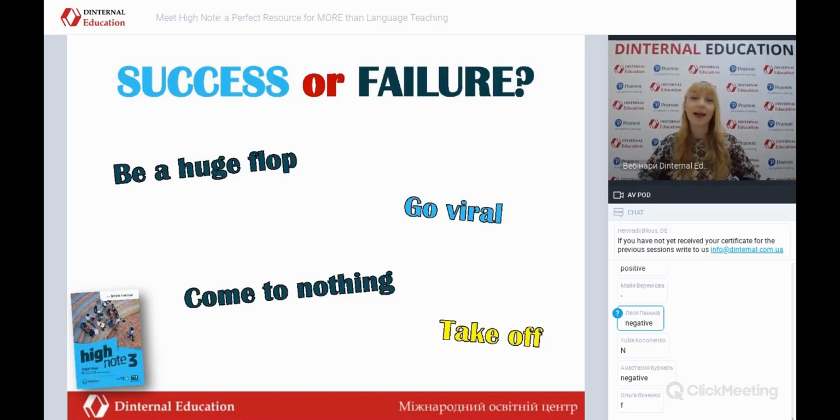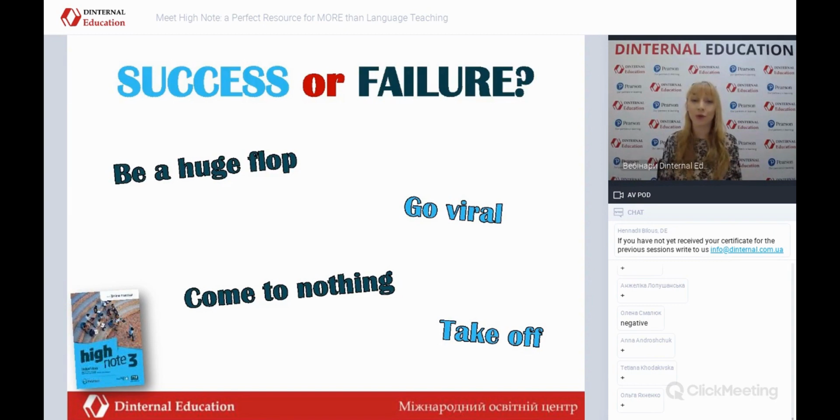And the last one, to take off or a takeoff. So usually we think about this phrase or verb as meaning to take off like with a plane, right? When the plane leaves the ground. But you're absolutely correct, it is actually a way to deliver this meaning of success.